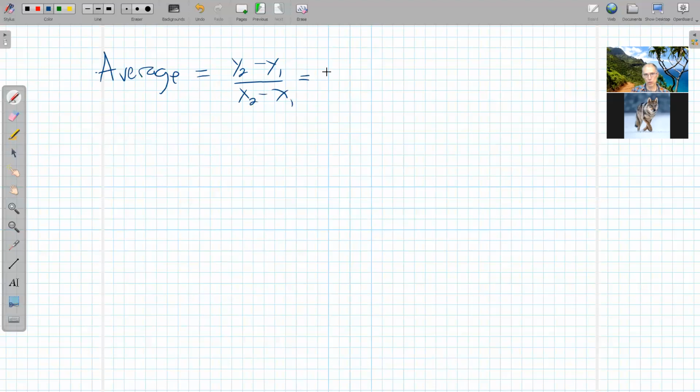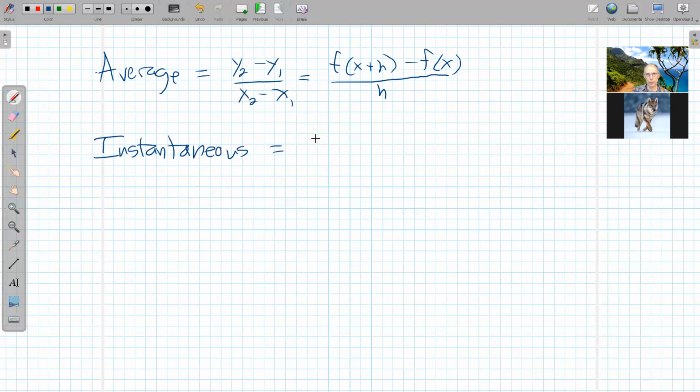And one of the function versions of that looks like f of x plus h minus f of x divided by h for whatever x value we pick, and h usually we let vary to small numbers. The instantaneous version is we just take the limit of that. So it would just be the limit as h goes to 0 of f of x plus h minus f of x all over h.